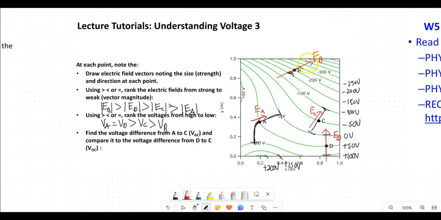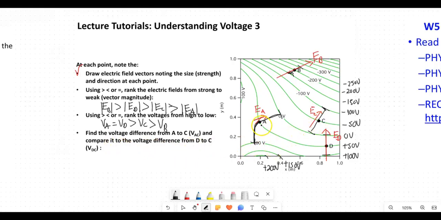It'll almost be a waterfall. And it'll be flowing quickly here, not as quick here, and it'd be barely flowing right there. So I'm actually going to make this much smaller, right? So that would be all the electric field lines at those points right there.